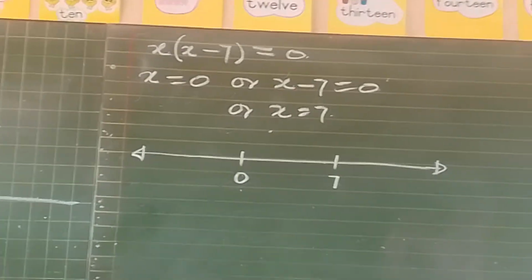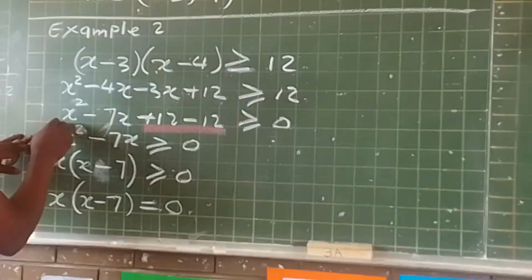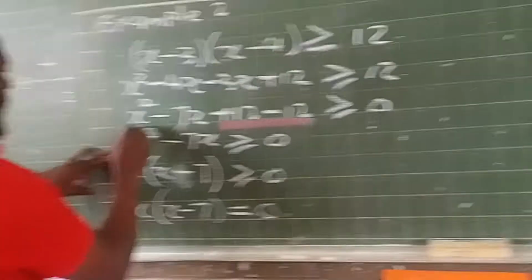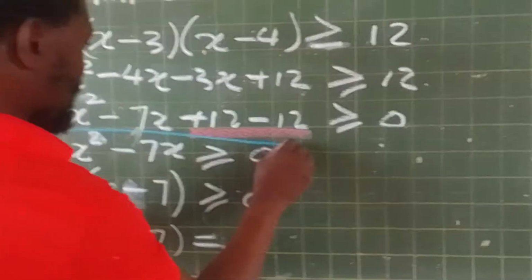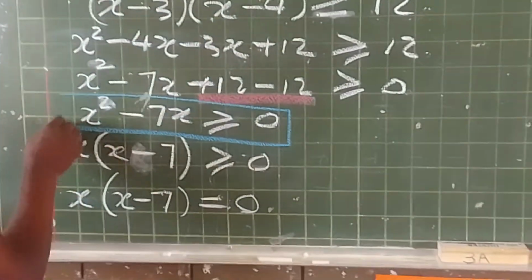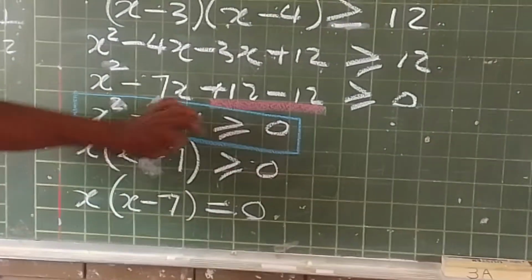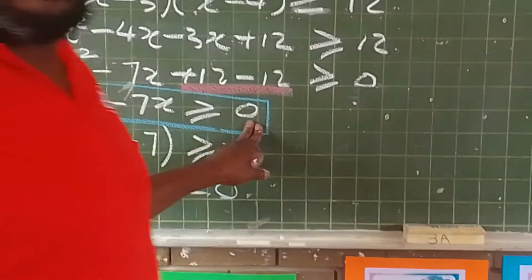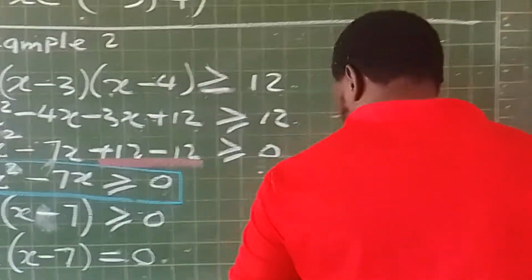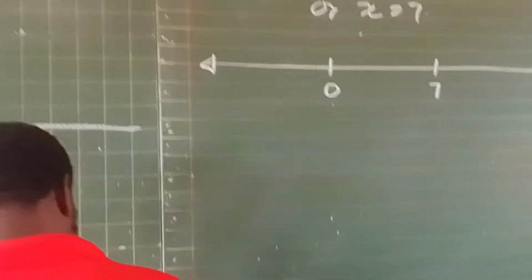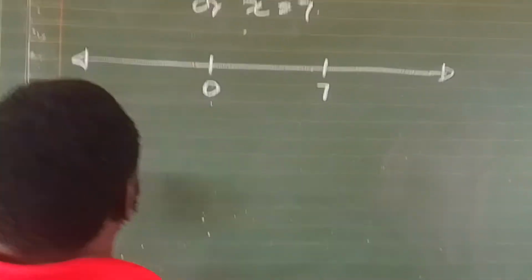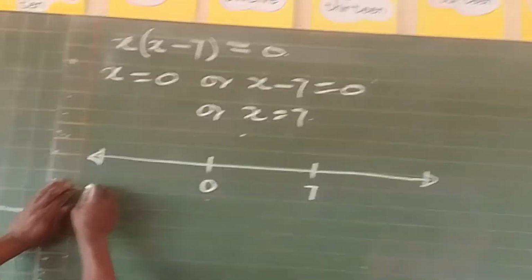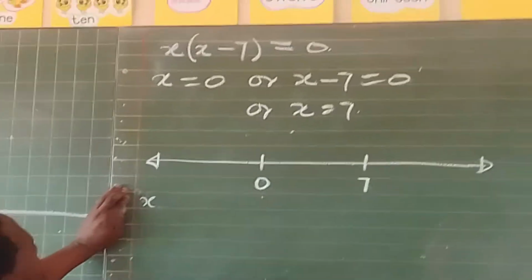Remember, our condition is this. Here is our condition. Everything that we have must be greater or equal to 0. It means positive, right? We are looking for the positive interval here. You put your x here.